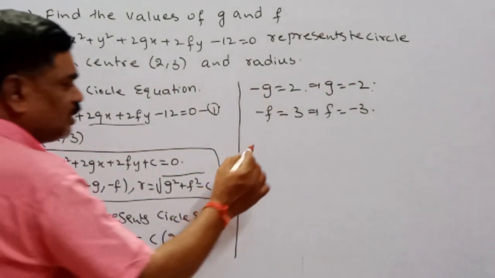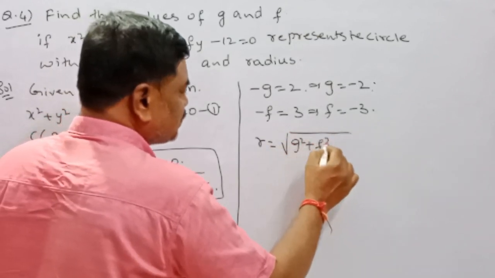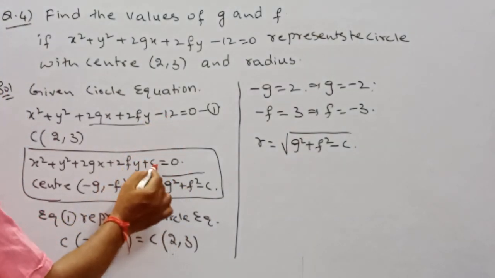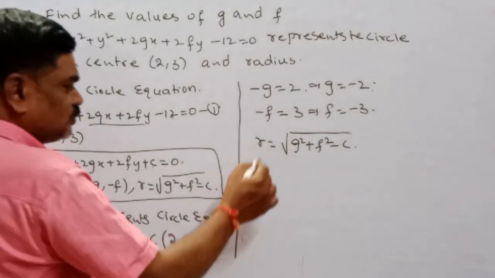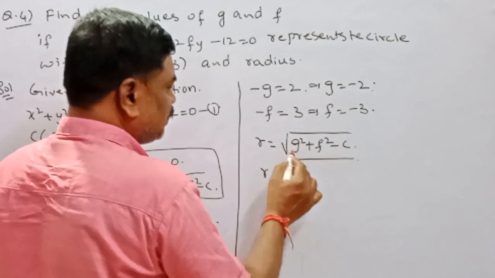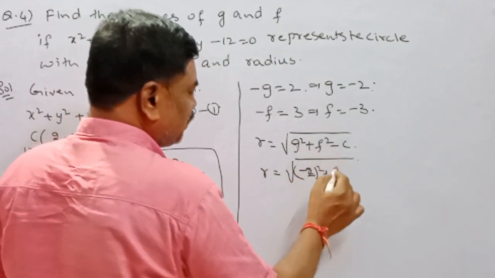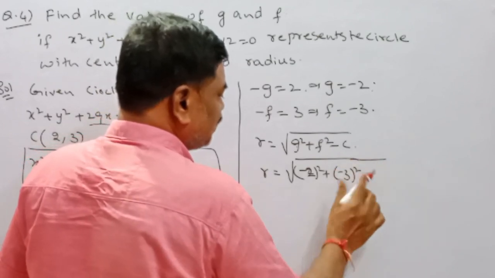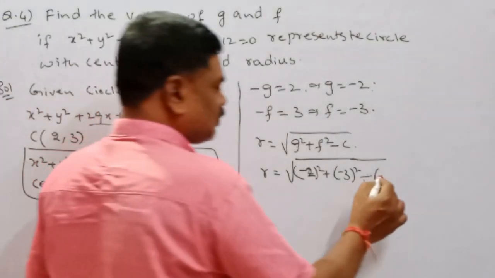And radius r is equal to root over g square plus f square minus c. But what is c here? The constant c is equal to minus 12. Then you substitute: root over minus 2 whole square plus minus 3 whole square minus of minus 12.